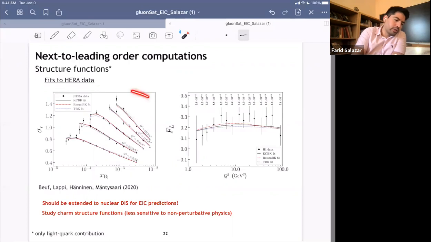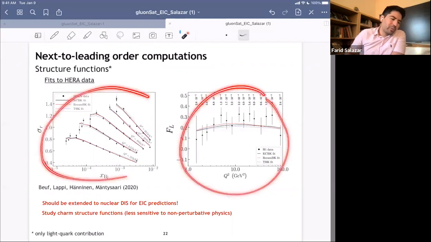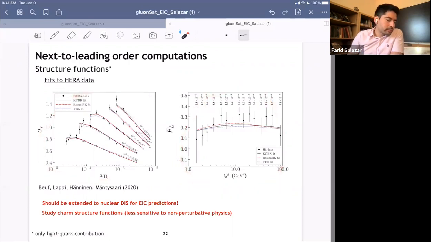And they are shown here. And what you notice, perhaps not on this plot, is that already the LO, the leading order results plus leading log evolution, provide a good fit to HERA data. So how can we interpret that? So what's the point of going to NLO, right?